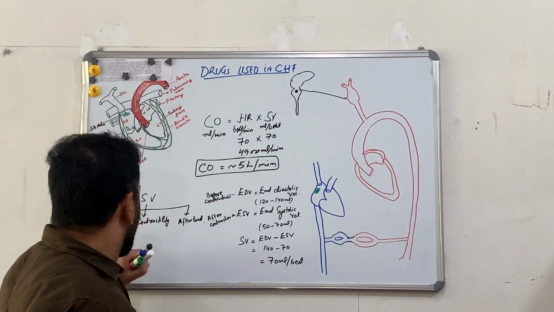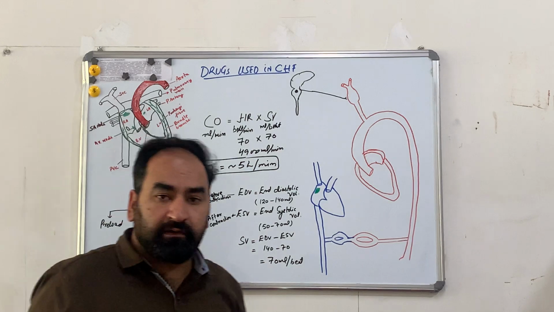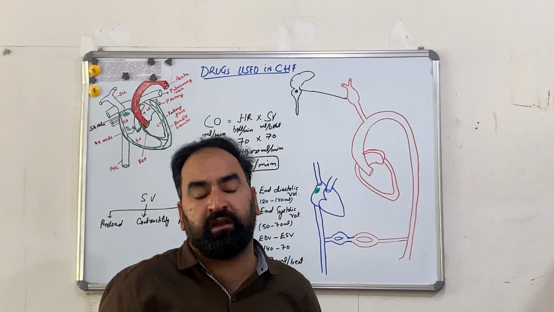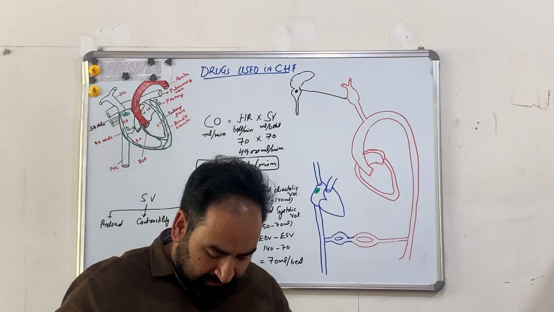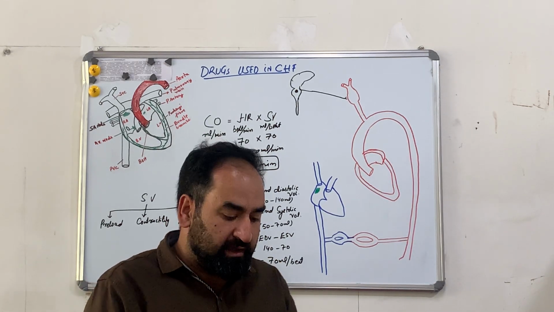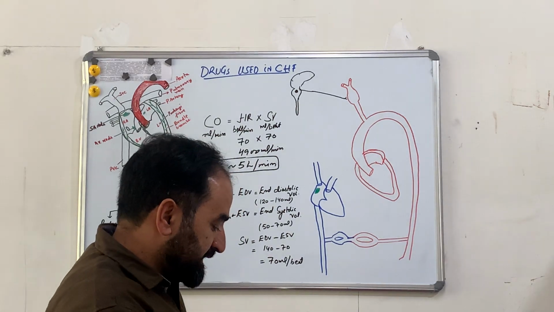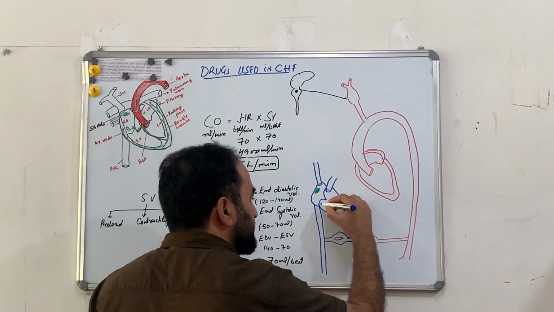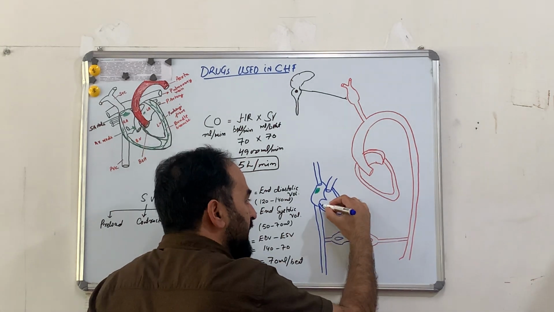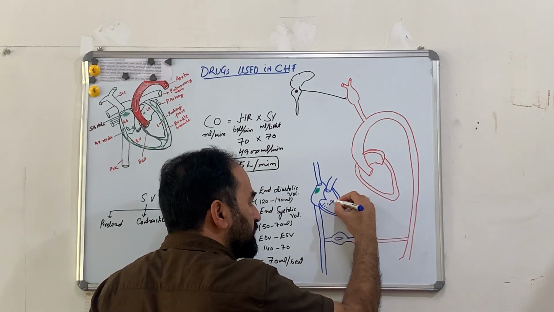First, whenever your ventricles fill with blood, it creates a tension in the myocardial wall. Say for example, this is your myocardial wall, and this is your end diastolic volume.